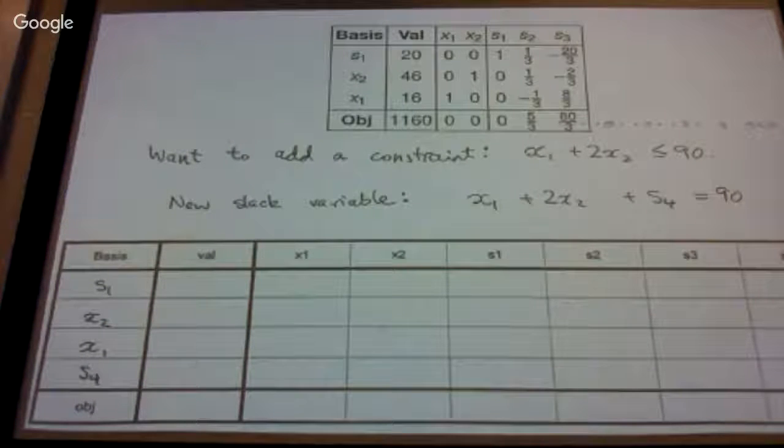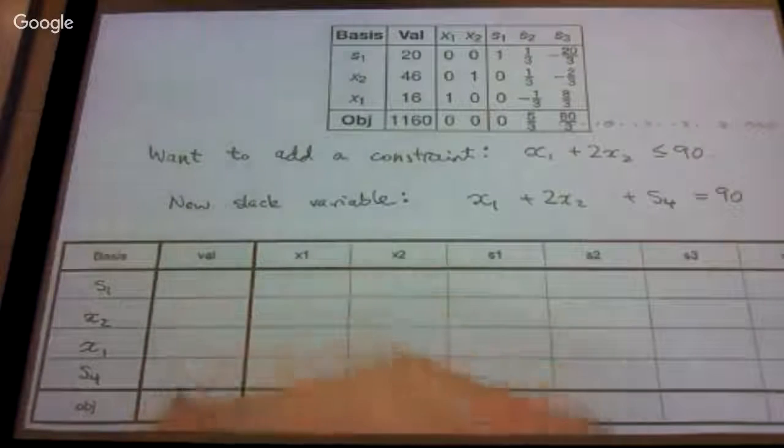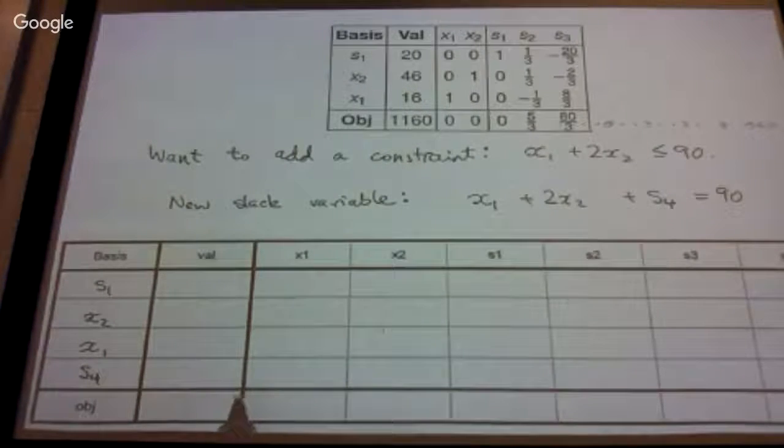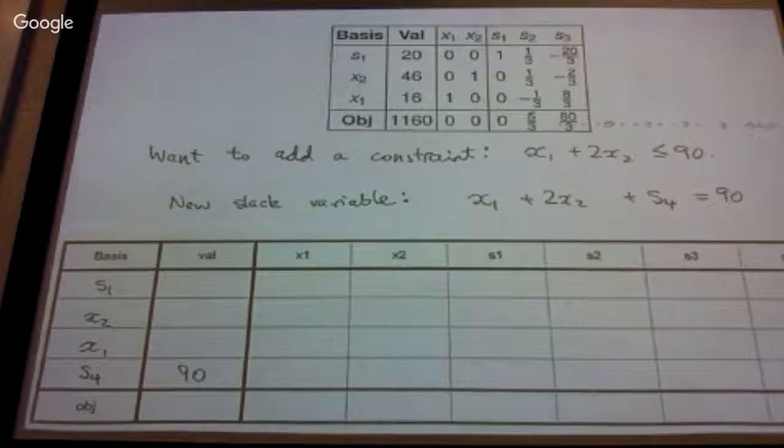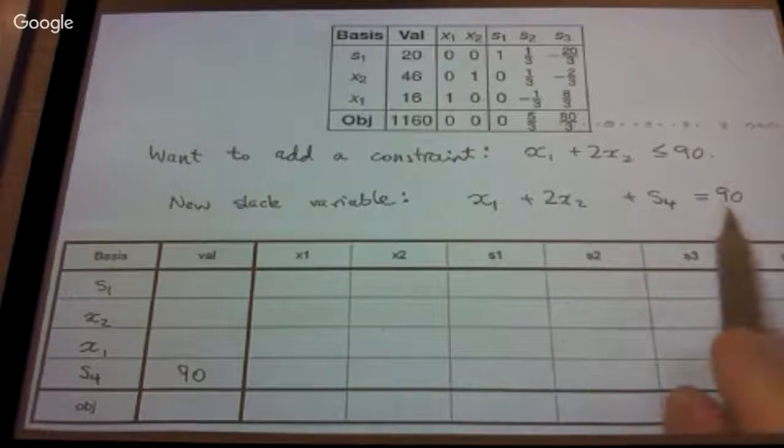Now, the easy way of getting the new tableau is that I don't write the new tableau right away, but I do something which is kind of a hybrid thing, which means that I'll just put the new constraint into it as a constraint, as an equation. So the right-hand side is 90.